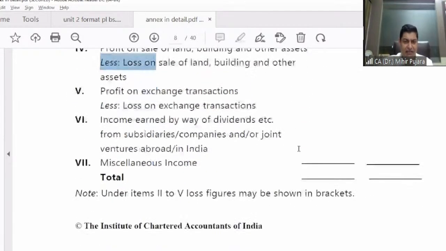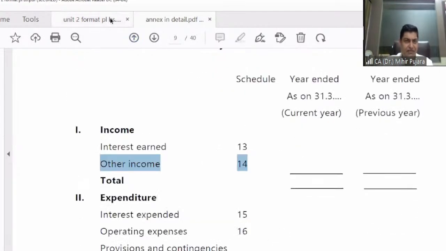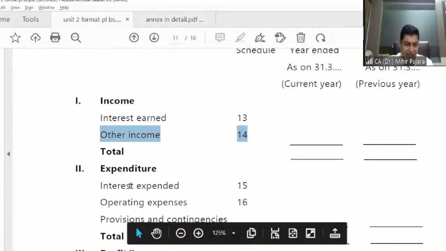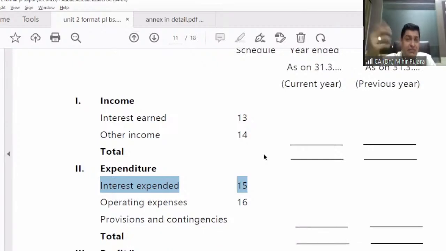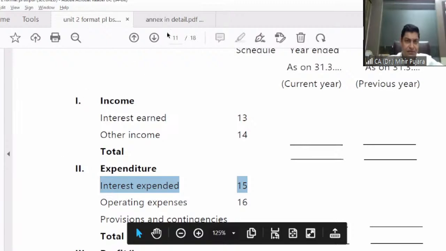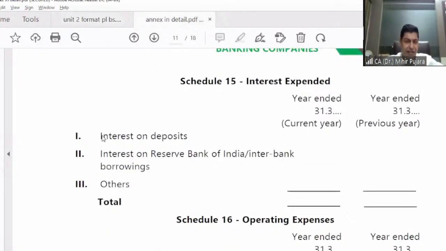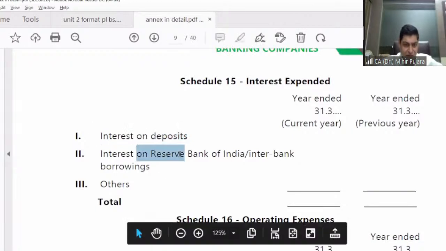Now 15. See here, 15 is interest expense. Bank has to pay interest on savings deposits, fixed deposits, term deposits, right? Or if the bank has taken borrowing from RBI, then also the bank has to pay interest. So 15 is interest on deposits, interest on RBI or interbank borrowing.